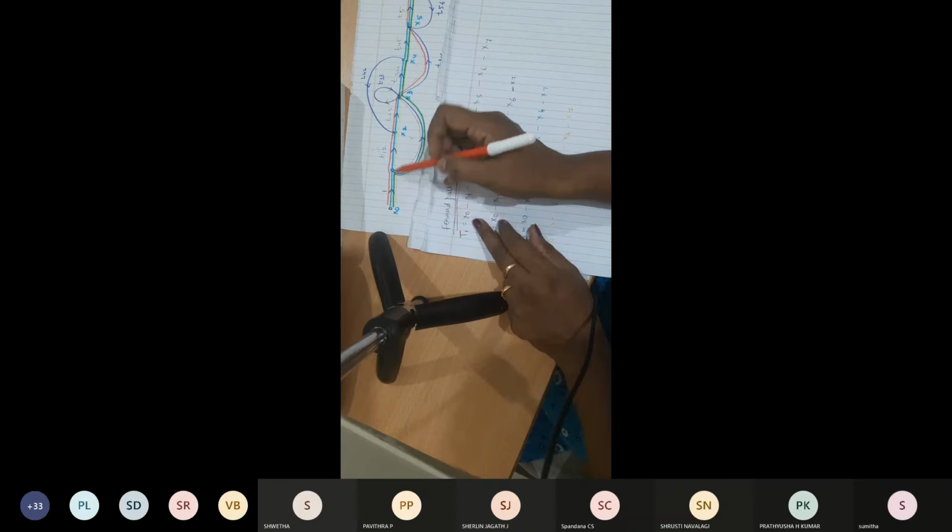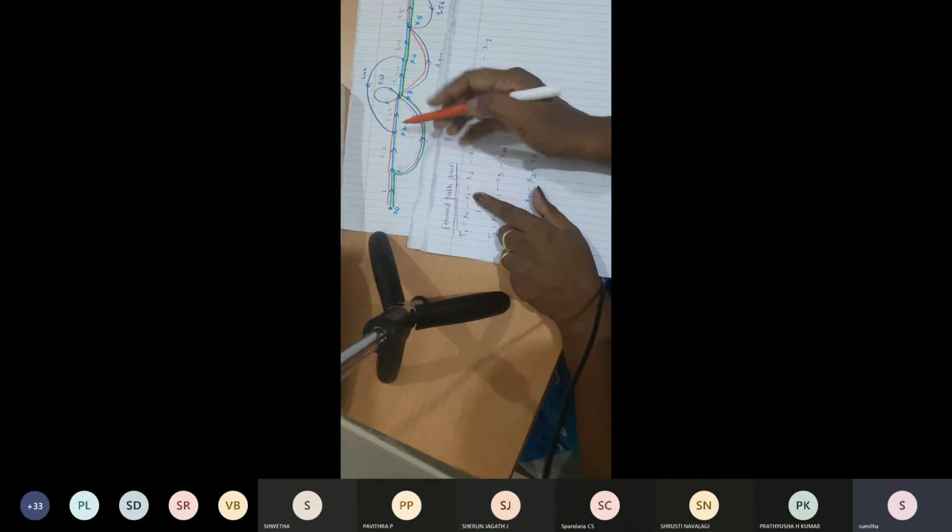Okay. x0 to x1, what is the gain? How much is the gain from x1 to x2? Next, x2 to x3, T2,3.